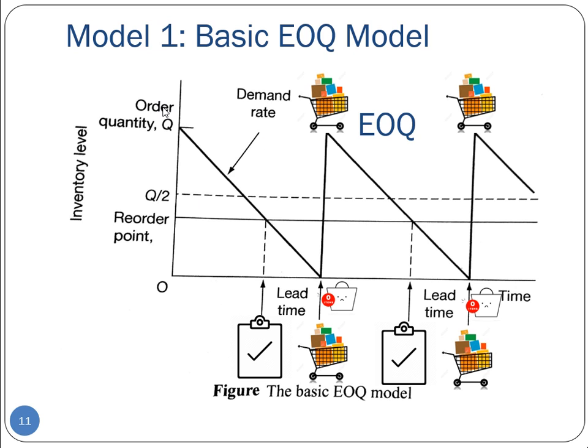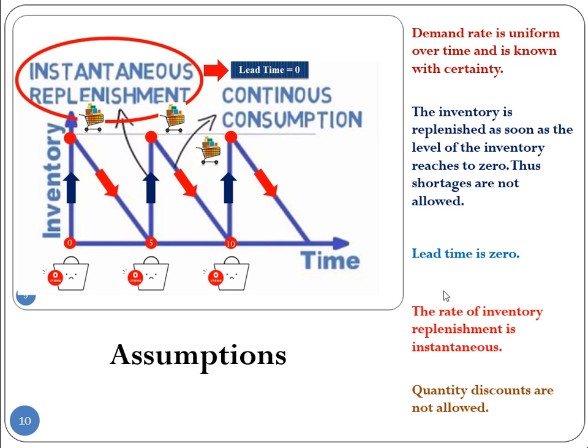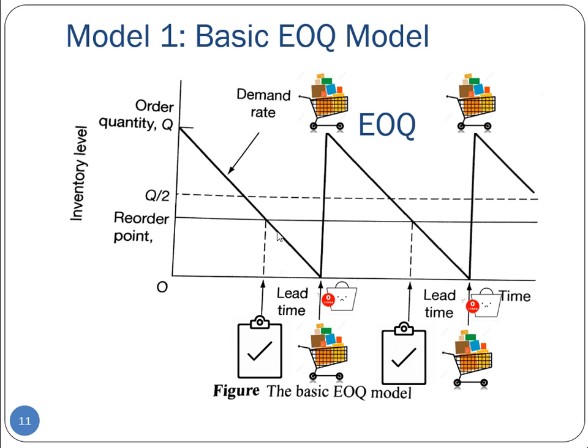Now in the previous case lead time is 0. But in this case all the things are the same. The only thing is there is one point that comes over there, that is a reorder point. That means suppose his total stock is 100 cycles, and as soon as the stock reaches 80 cycles, 80 cycles are consumed, 20 cycles are left, and at 20 cycles he places the order.